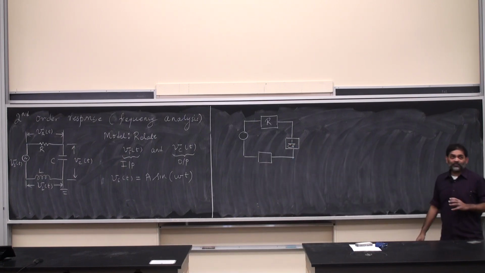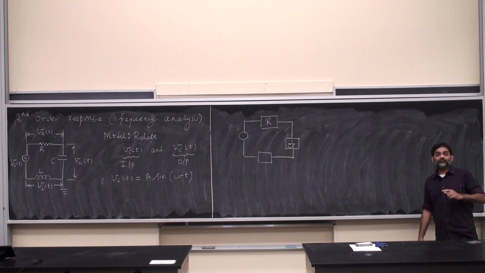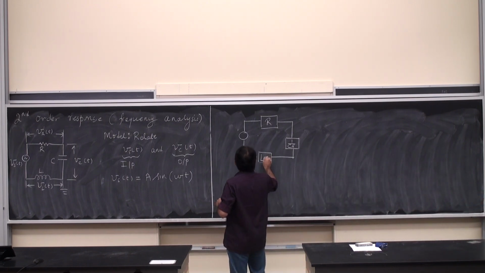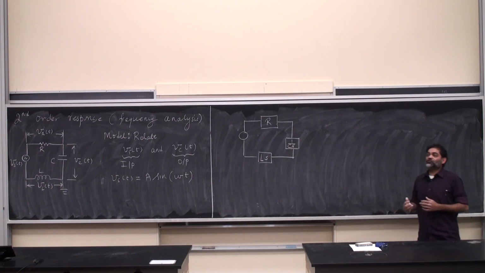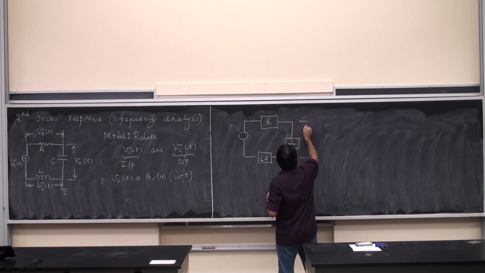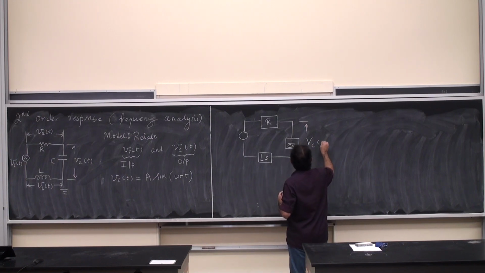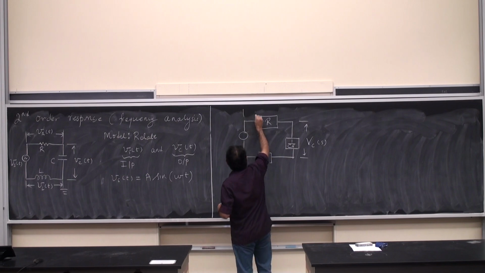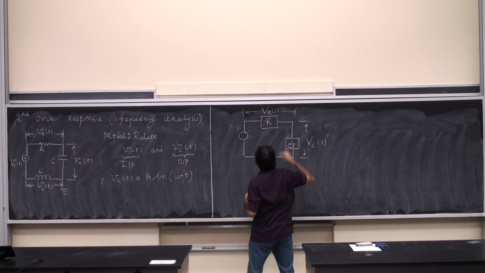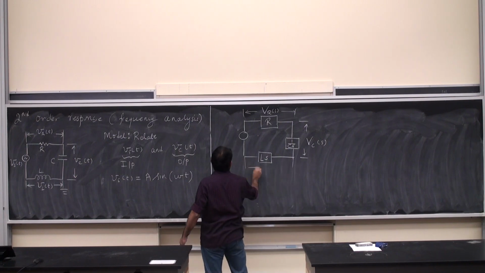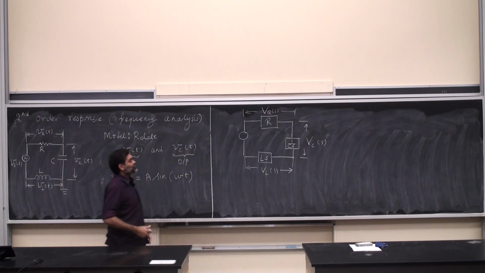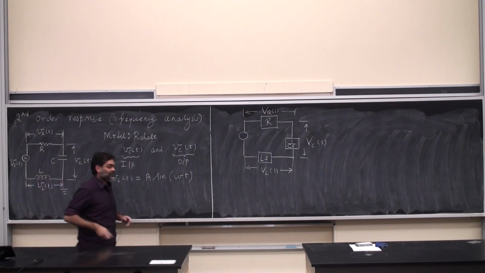And then this is Ls. Now people in the back, can you see my writing? Okay. And we are now in the frequency domain because we're doing an impedance analysis. So this is Vc of s, Vr of s, Vl of s, and then I have the source voltage, which is Vs of s.